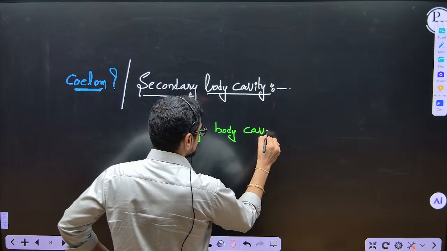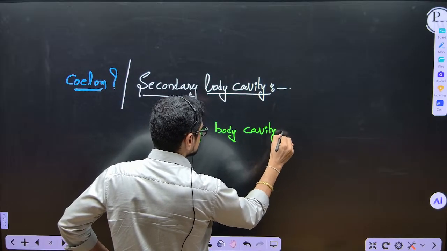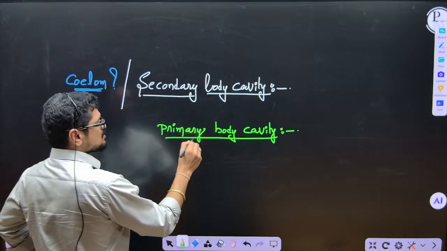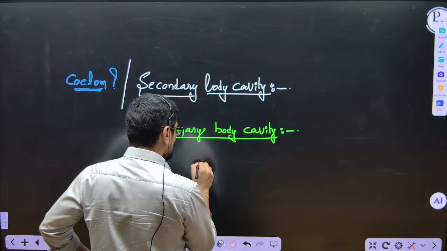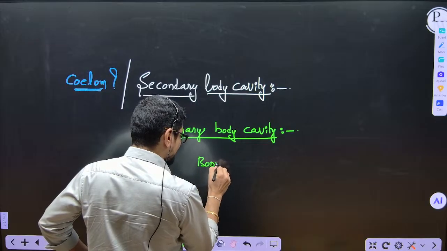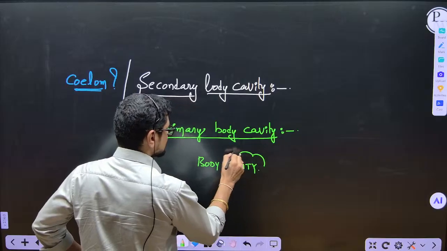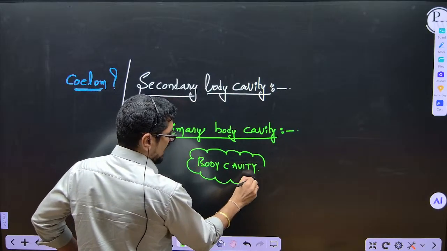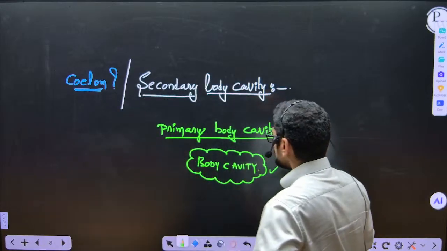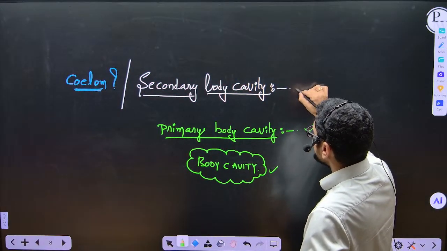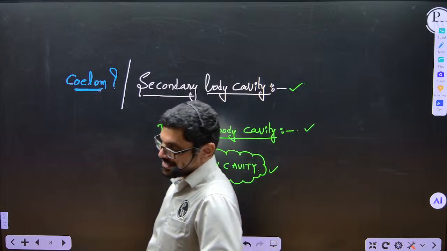In order to understand the primary body cavity, first of all, you should know what a body cavity is. We have to begin with the body cavity. If you know what a body cavity is first, then you can understand the primary body cavity, and if you know the primary body cavity, then you can understand the secondary body cavity.